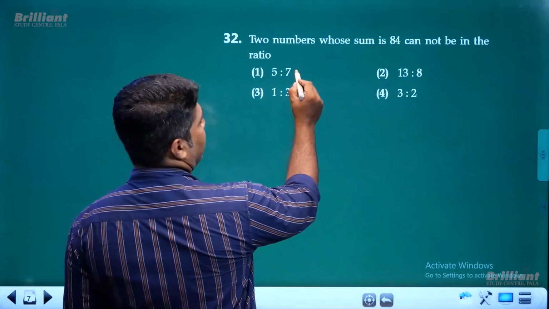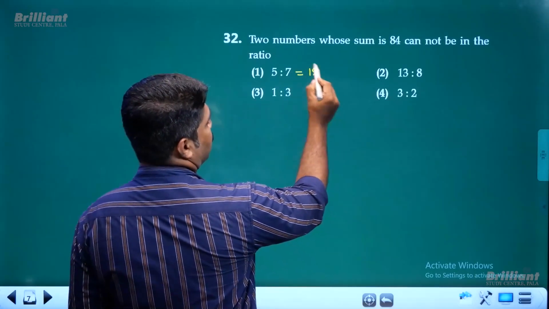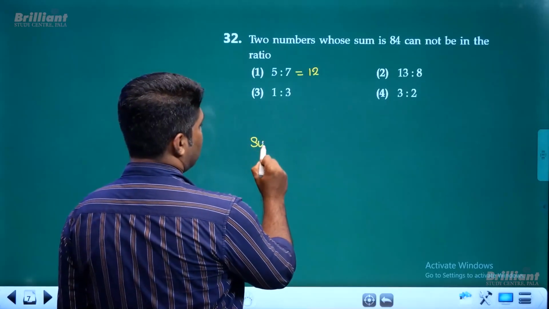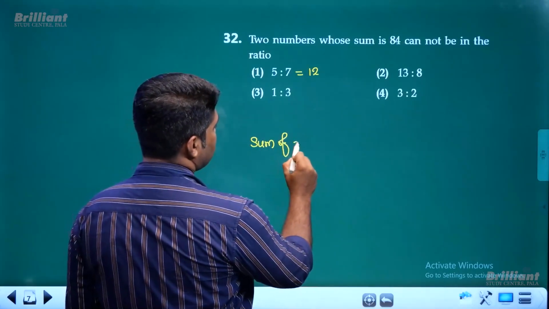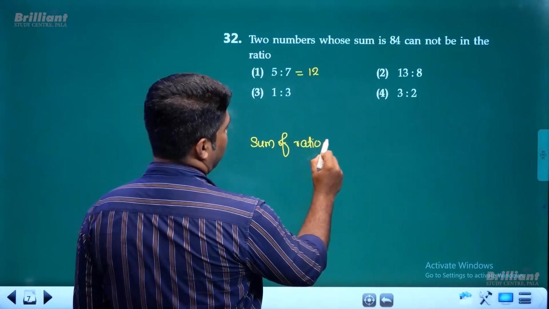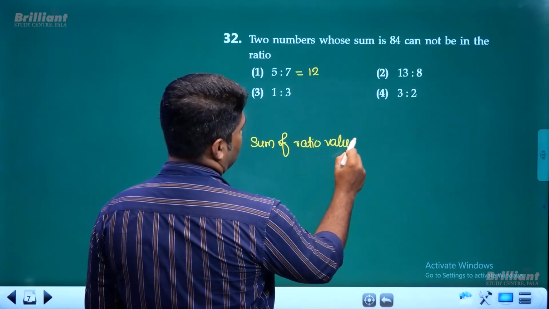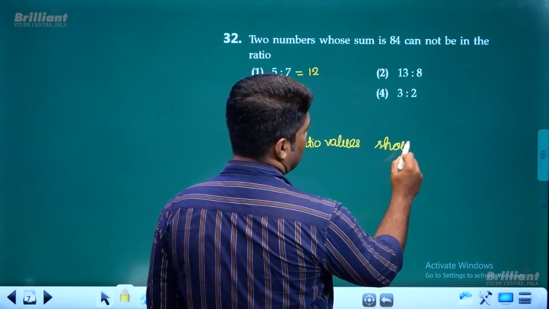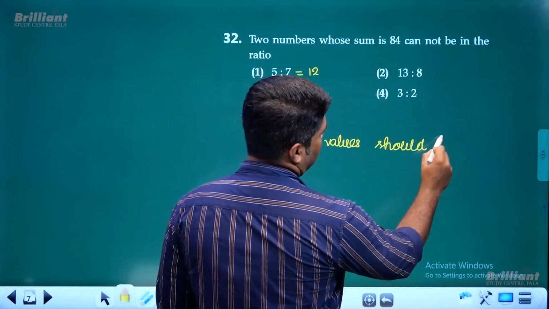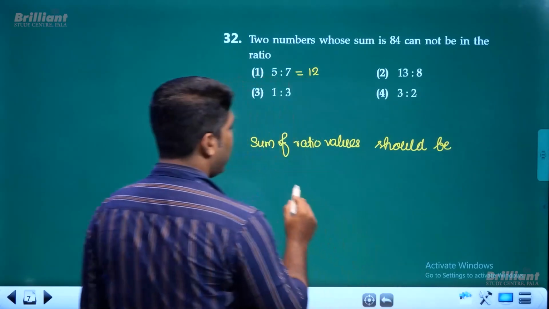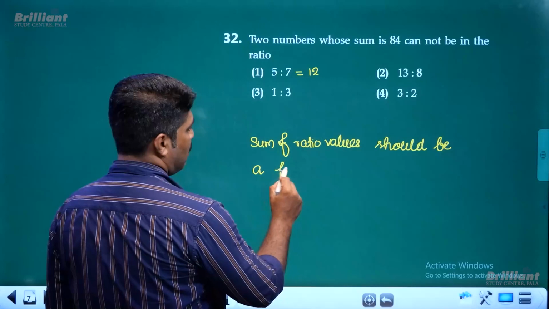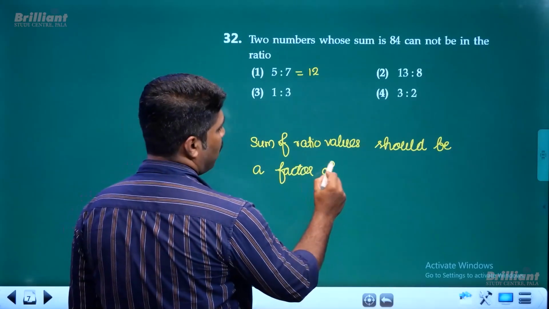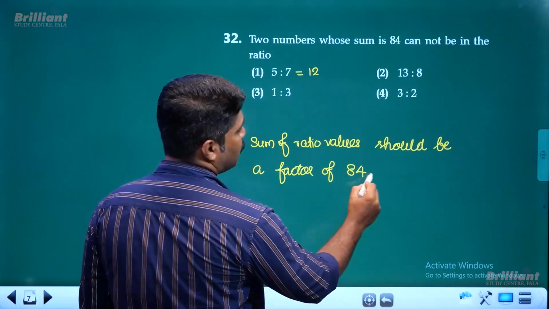The sum of the ratio values should be a factor of 84. So we have to check it.